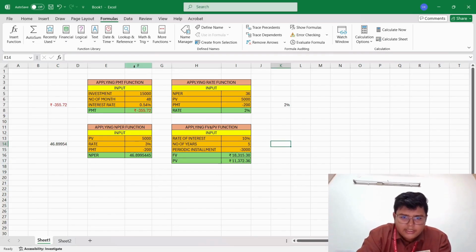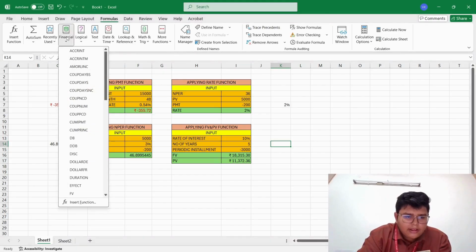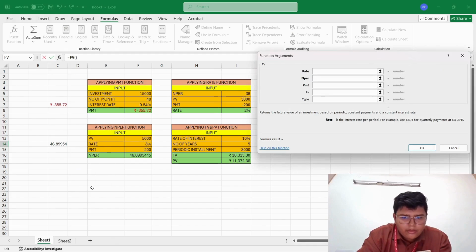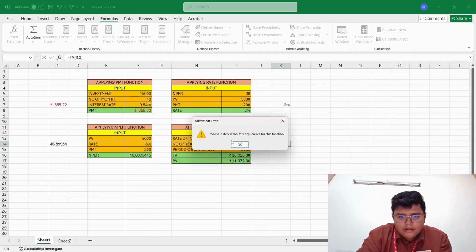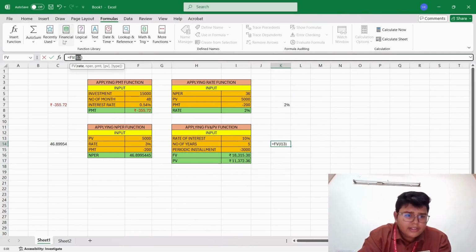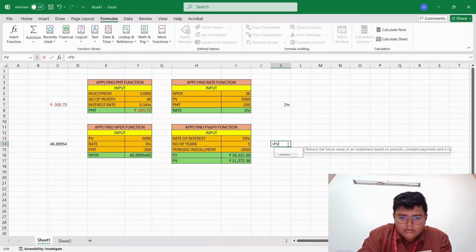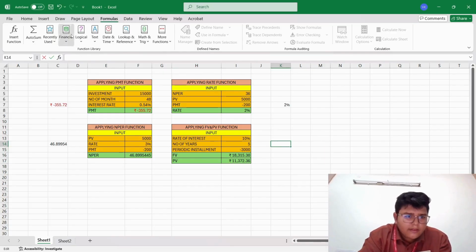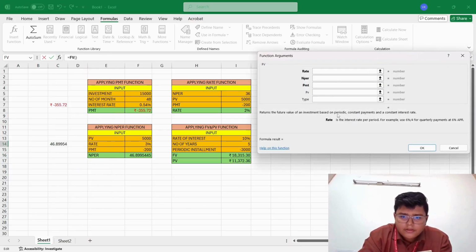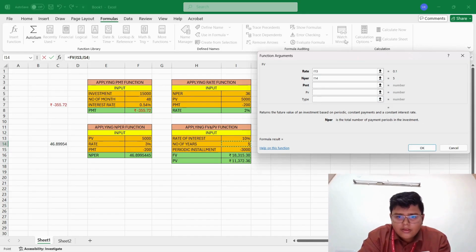Now we will find the last ones, FV and PV. For FV it is asking for the interest rate, then NPER, which is 5 years, and PMT is minus 3,000.